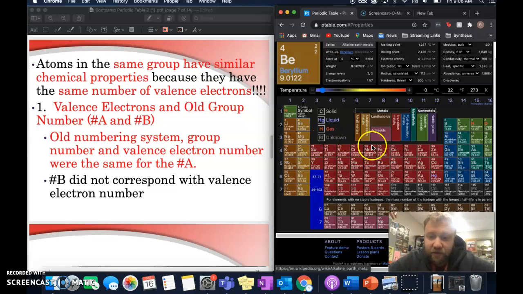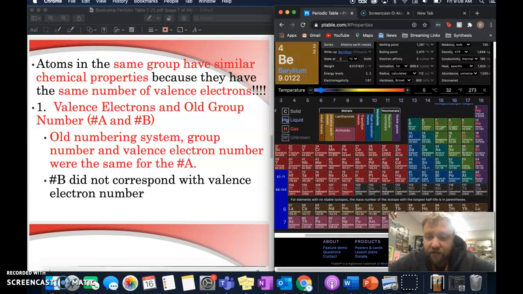But just know groups 3 through 12 can be a toss-up of how many valence electrons they have, so we can't be sure just by the group number. But for groups 13 through 18, you can. My little trick is you take away the 1 in 13, 14, 15, 16, 17, 18, and that's how many valence electrons are left.